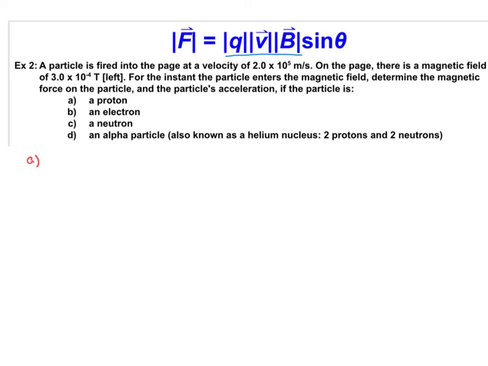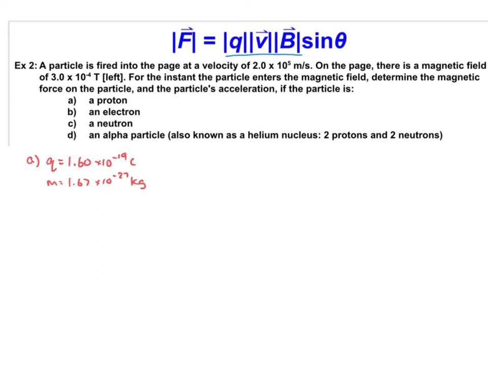So I have those memorized actually, so I'll just write them down, but you might have to look them up for homework. So the charge of a proton is 1.60 times 10 to the negative 19 coulombs. And the mass of a proton is 1.67 times 10 to the negative 27 kilograms. I hope.